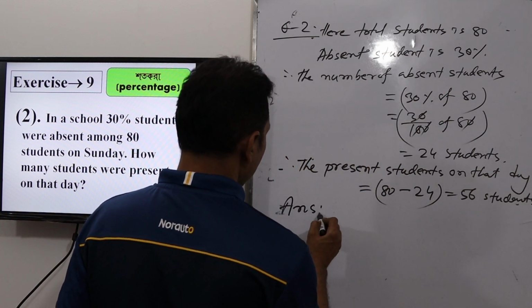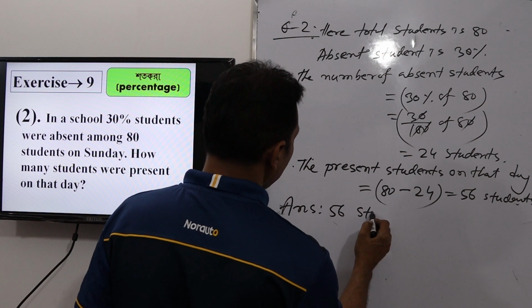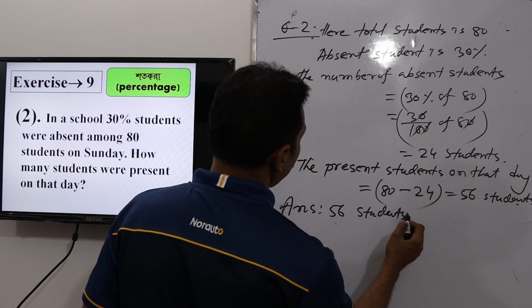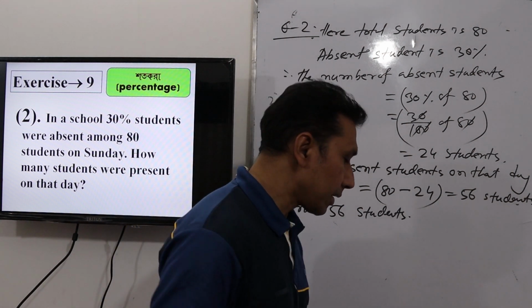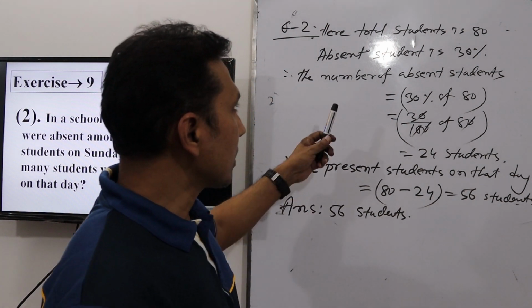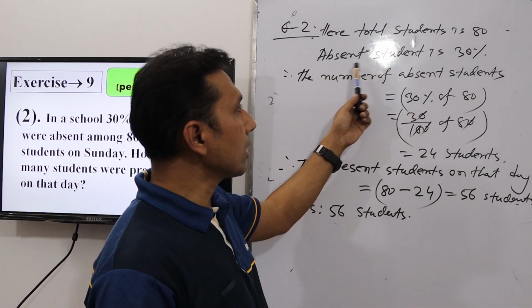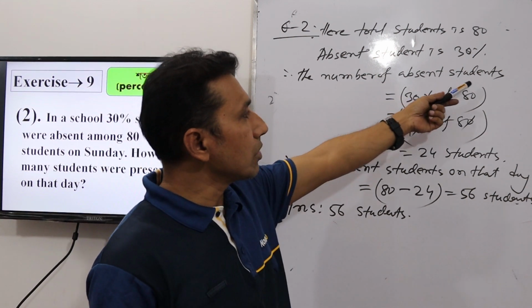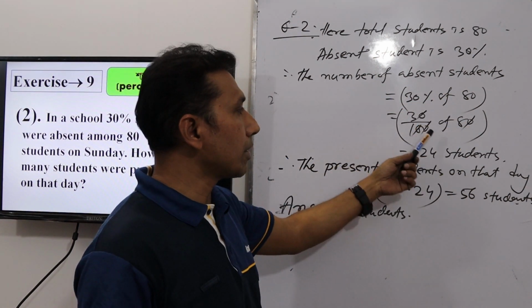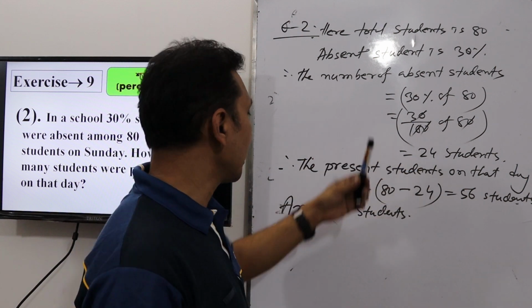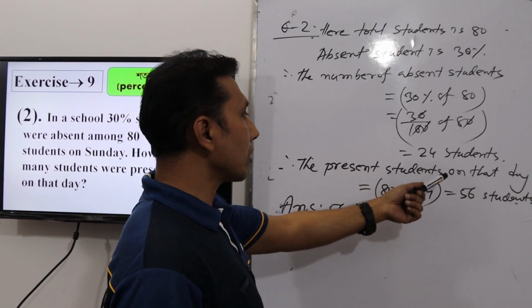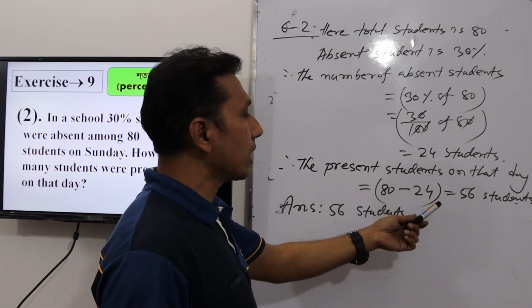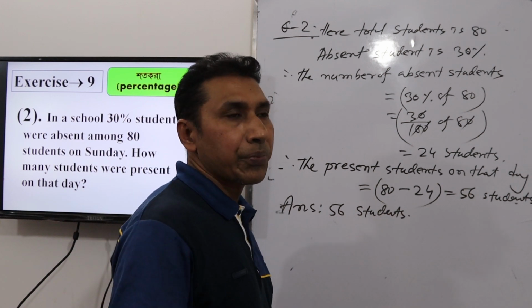Answer: 56. Okay, is everybody clear? This is the process: the total students are 80, absent students are 30%, so the number of absent students equals 30% of 80, that means 24 students. Therefore the present students on that day are 80 minus 24, equal to 56.